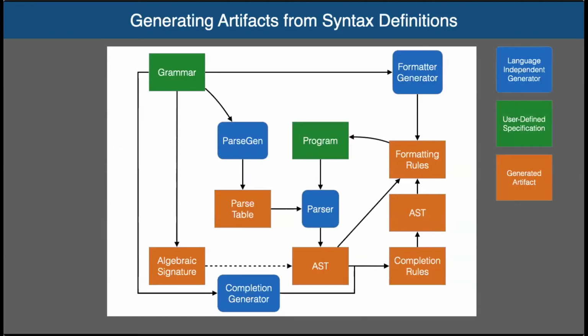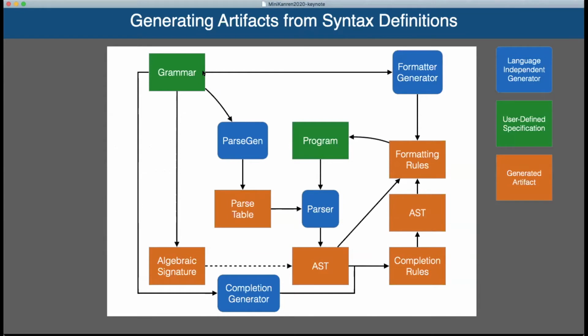And you can see that here: when you define syntax in SDF or in Spoofax, then what you do is write a grammar and you get a whole bunch of tools for free. And you can write programs and get a lot of different tools out of them.